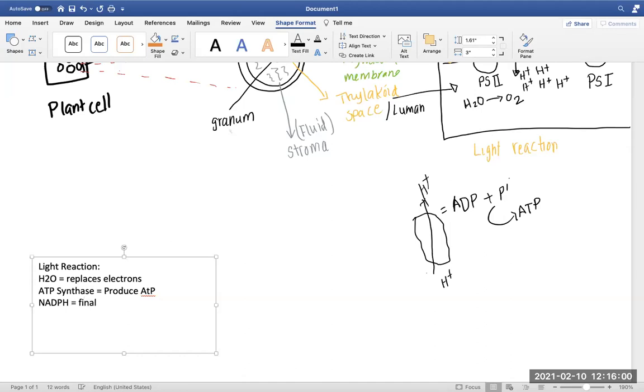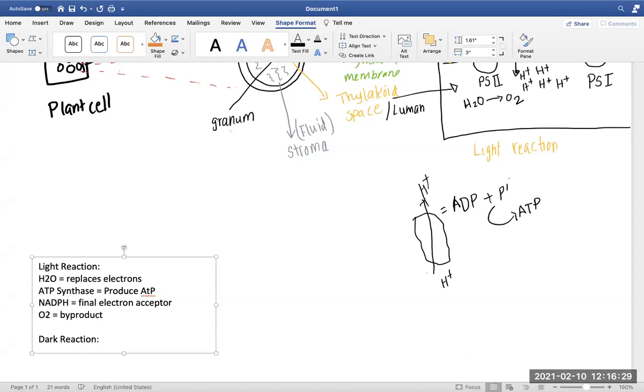That's the final electron acceptor, and it's going to accept the final electron. So that's what's happening in the light reaction. You're getting ATP and you're getting NADPH. That's what's going to be used in the dark reaction along with CO2, and then oxygen is a byproduct.